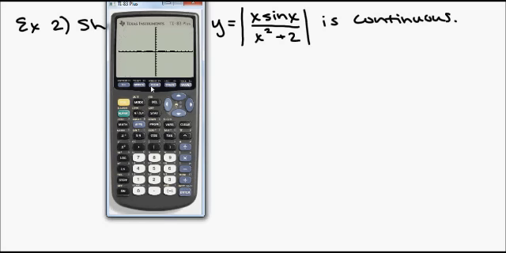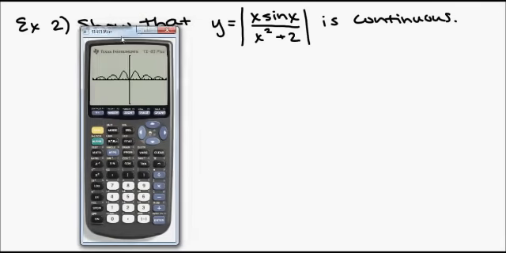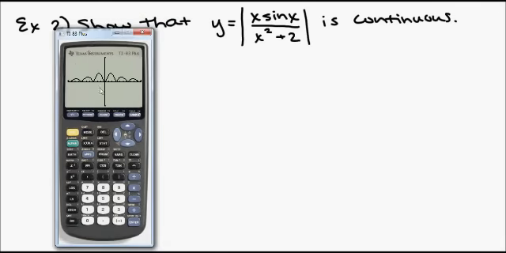Let's zoom in, way in. So I'm going to make this negative 2 for the y's. That's a little better. Negative 1, 1. Okay. So I can see here, it looks like I could definitely draw that without picking up my pencil.